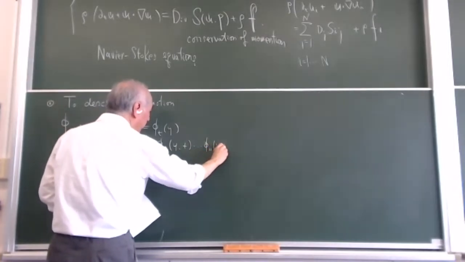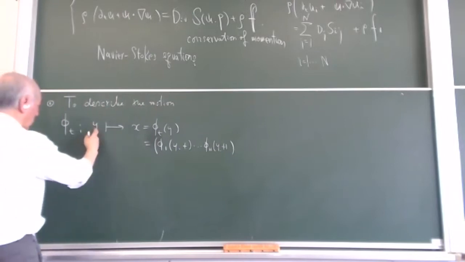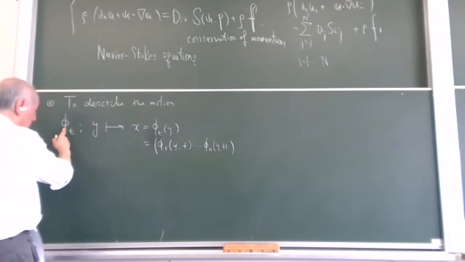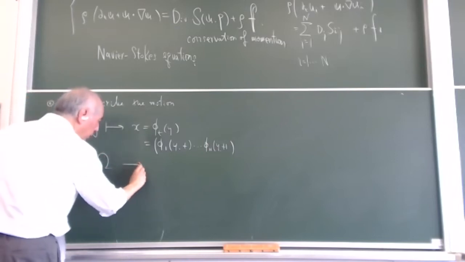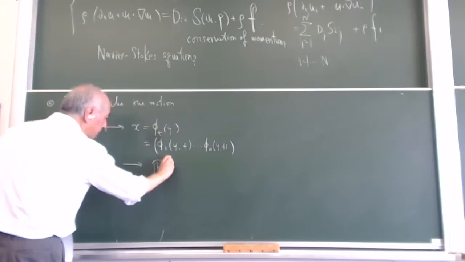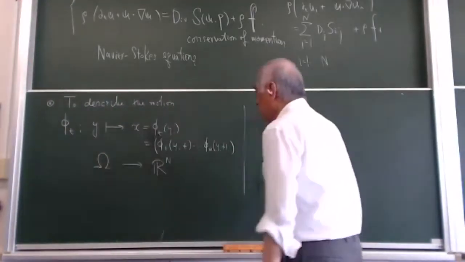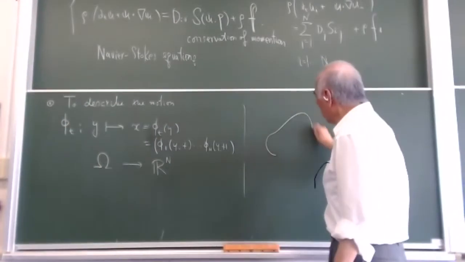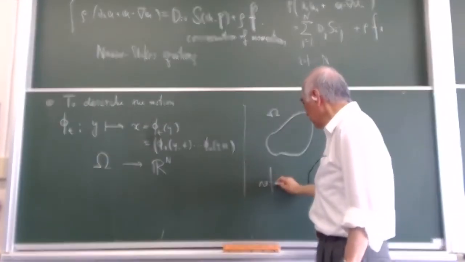The function phi sub t is defined on omega, into the other domain. Here omega is a reference domain.